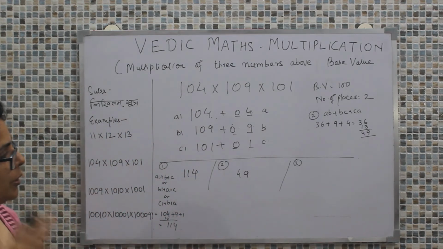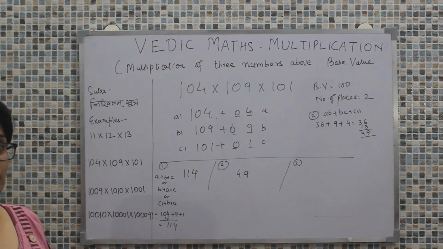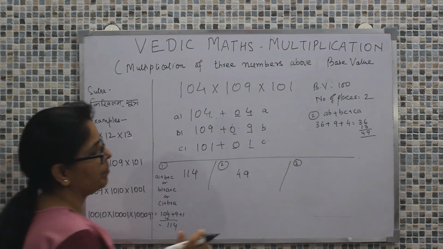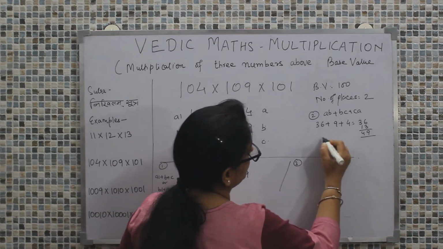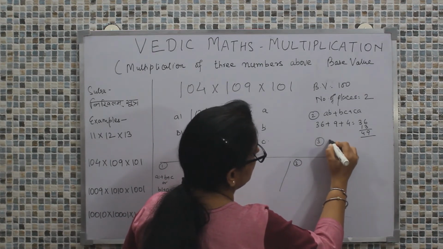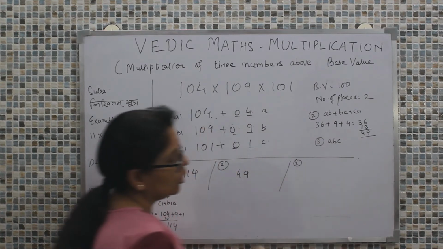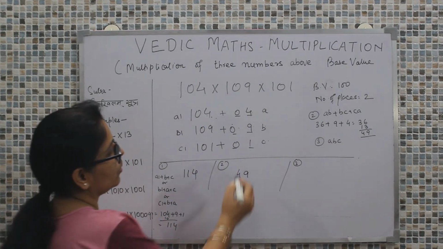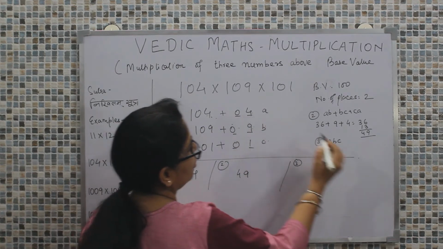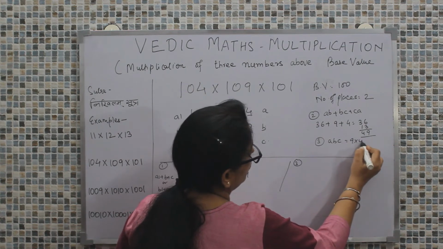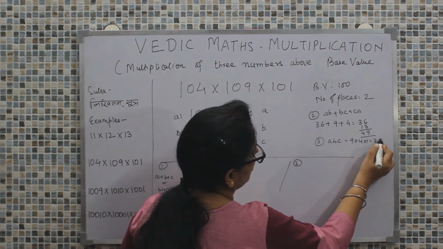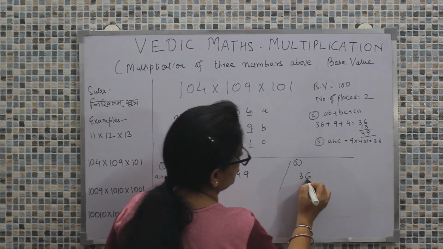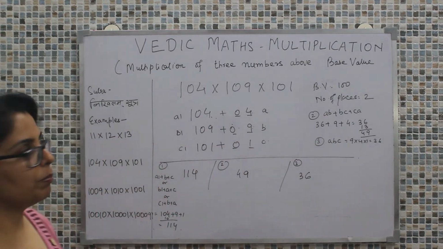See, first component calculation, second component calculation and third component calculation are totally independent. Now talking about the third component, that is A into B into C. So simply we have 9 into 4 into 1. That will come out to be 36. So we have computed all the three components.